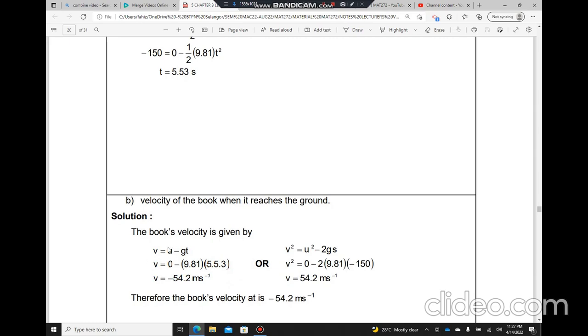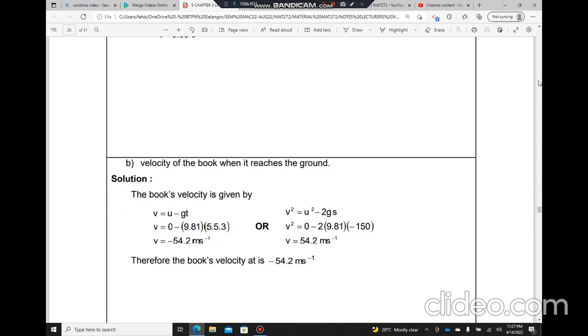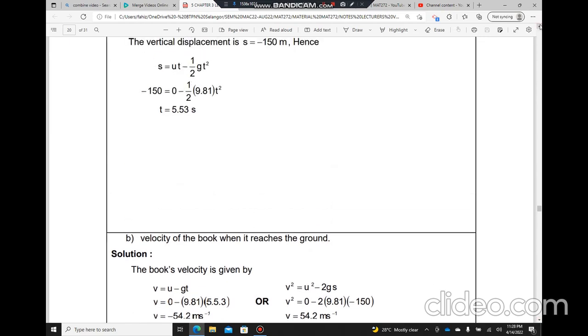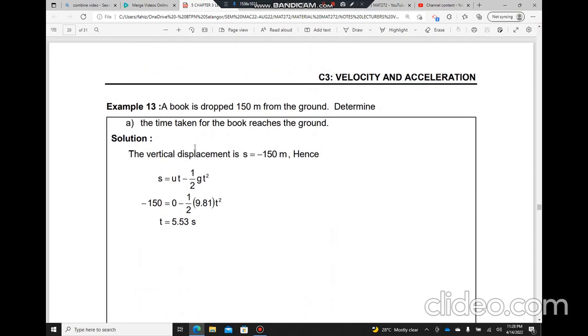U ni dia kosong sebab dia bermula dengan rest. Sebab lepas tu baru dia jatuh ke tanah. So it means that your U is equals to 0 and then gravity is 9.81. And then displacement negative 150. Displacement ingat negative 150 sebab a book is drop, dia jatuh ke bawah.